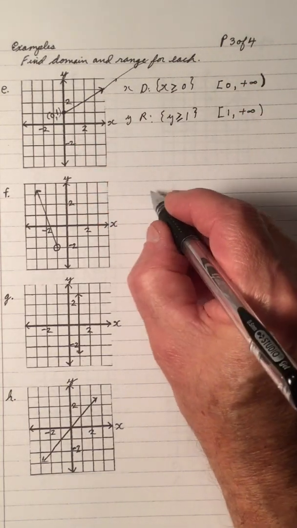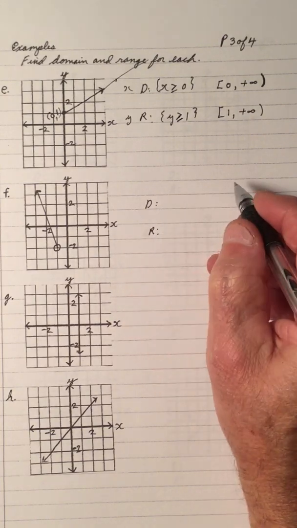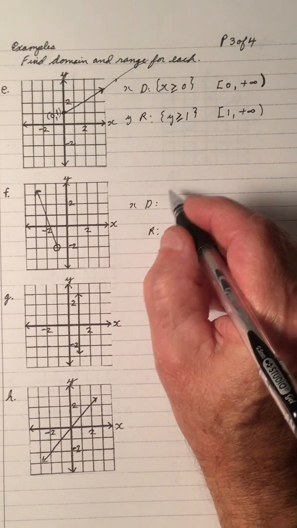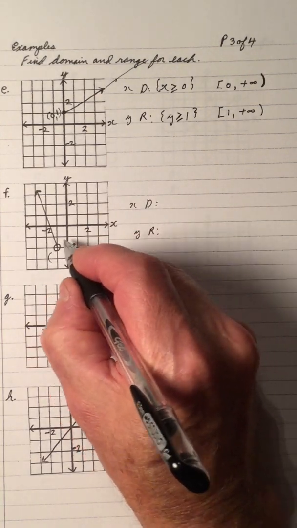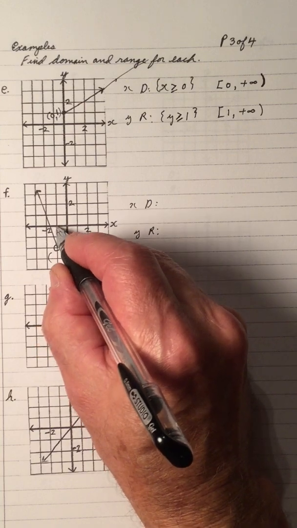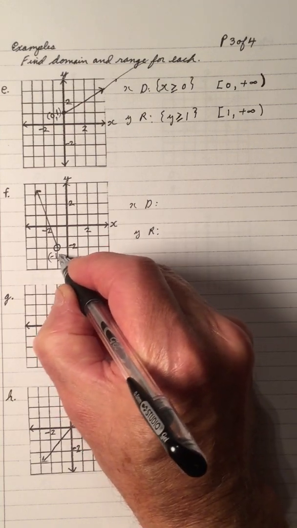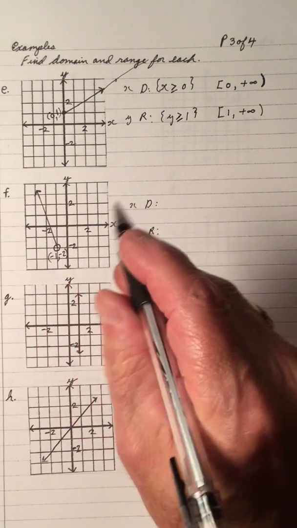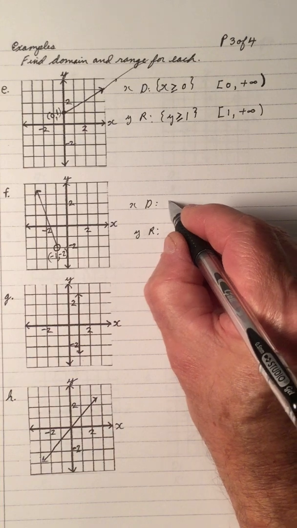F, again we have a domain and we have a range. Domain is x, range is y. So this point right here, the x is -1, and the y on this point is -2. So the x's are starting at -1.